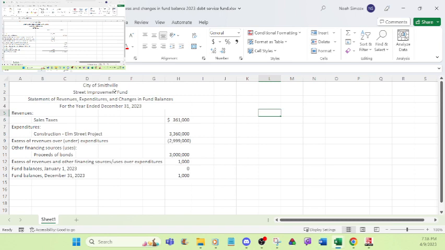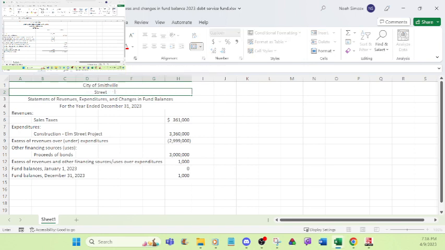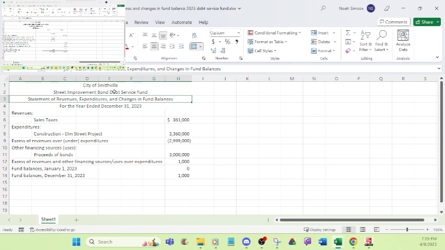Okay, it's actually going to be these three. Improvement bond debt service fund revenues. What are the different types of revenues? Only one.